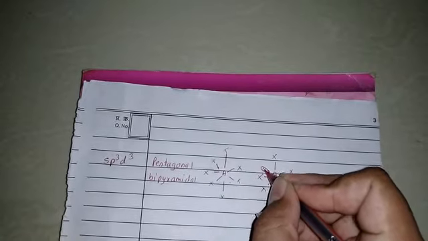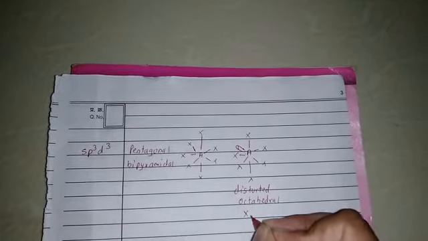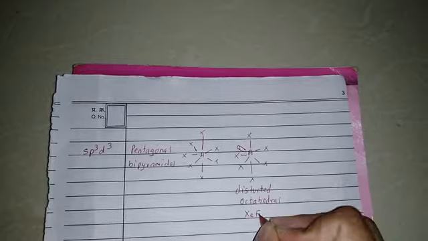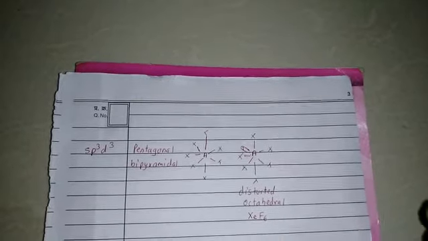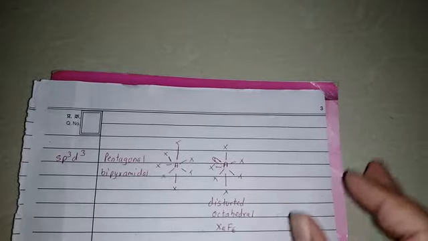It is called distorted octahedral geometry. The example is XeF6, which has 1 lone pair of electrons.